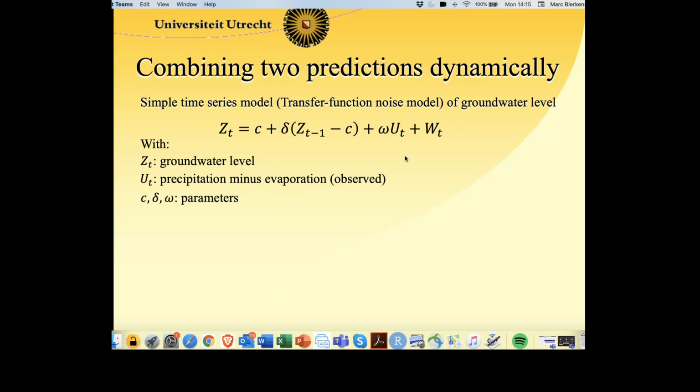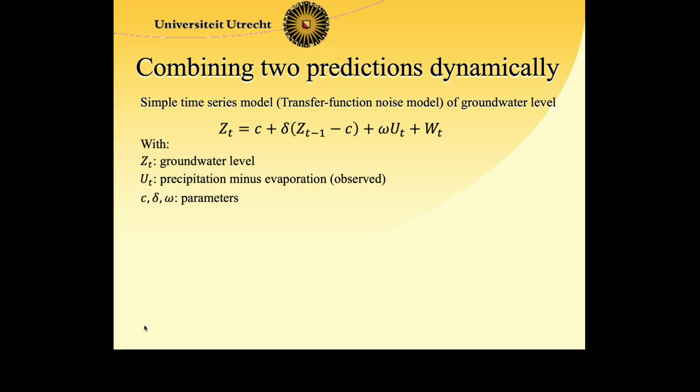Now, usually this noise is modeled by an ARMA model, but let's suppose that this is such a good transfer function that the residuals can actually be assumed to be white noise. So all the information that we can has been extracted from this particular transfer model. So we assume that it's white noise.